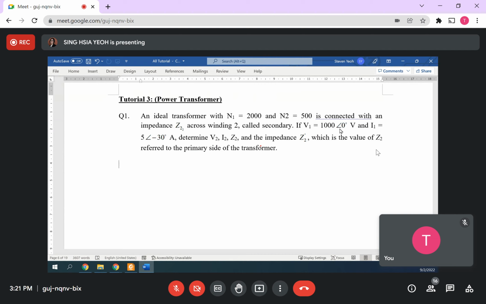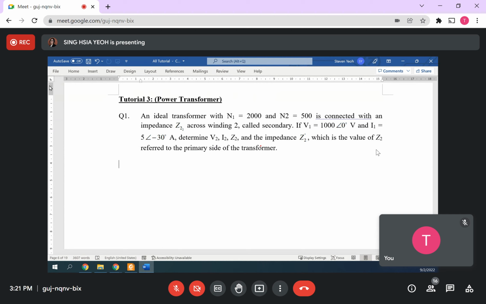If V1 equals 1000, I1 equals 5 angle negative 30 degree. If I want you to give 30 degree, I will put angle 30 degree. Just follow the question. Determine V2, I2, Z2, and then impedance Z2 prime, which is Z2 referred to the primary side.